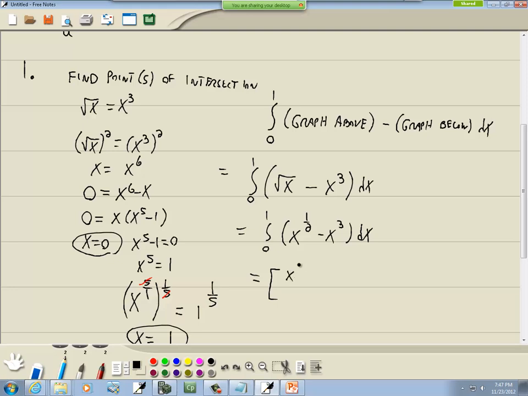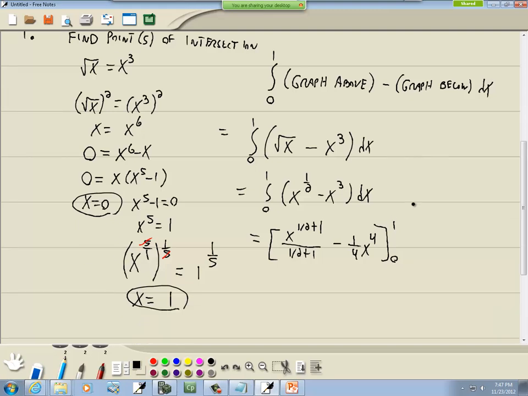Add 1 to our power and divide by our new power. And add 1 to our power here and divide by our new power. Well, 1/2 plus 1 gives us 3/2.